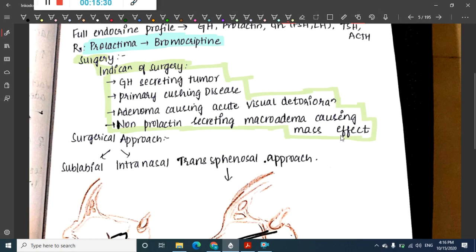If primary Cushing syndrome is associated with pituitary adenoma, then we should do surgery. If the adenoma is causing acute visual deterioration, or if there is a non-prolactin secreting macroadenoma causing mass effect. So surgery is indicated in growth hormone secreting tumor, primary Cushing's disease, adenoma causing visual deterioration, or non-prolactin secreting macroadenoma causing mass effect. In these conditions, you should do surgery.